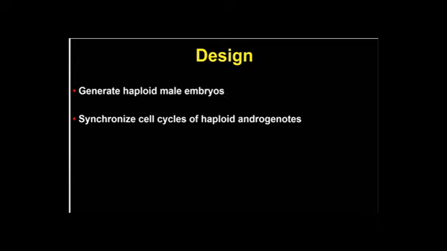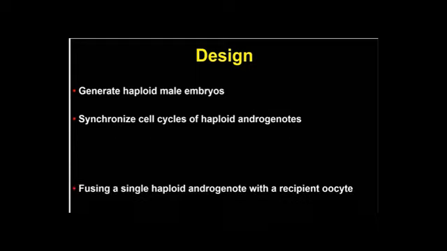In order to accomplish the aims, here are the key steps of the study. First, the design of the study involves the generation of a haploid male embryo. We allow it to cleave in order to replicate the sperm genome. We then synchronize the cell cycle of the haploid androgenotes by temporarily inhibiting its DNA polymerase to arrest them at pre-S phase before DNA synthesis.